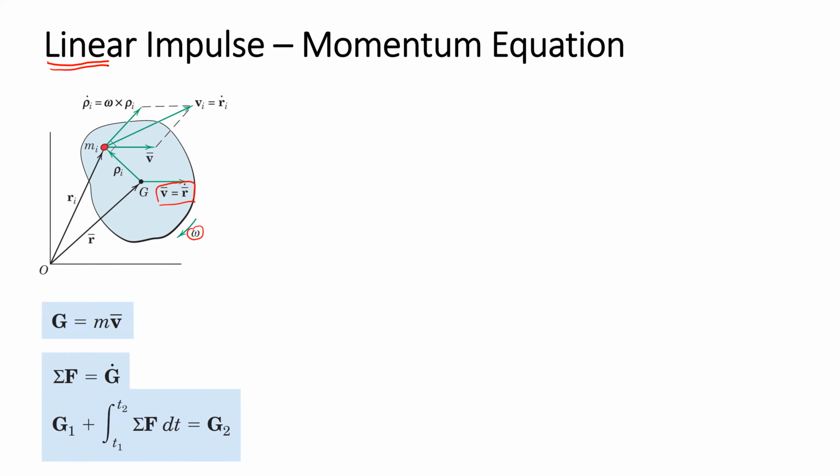For the linear impulse and momentum equation, it's not about a rigid body that does not rotate. I'm sorry, but we are going to relate the summation of force to the rate of change of the linear momentum. It's Newton's second law of motion.